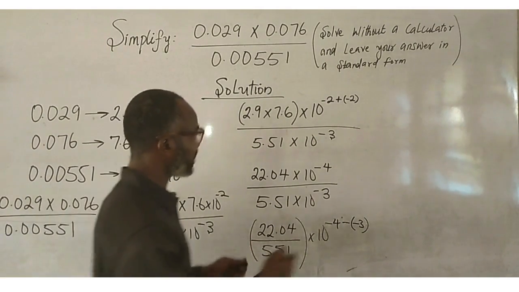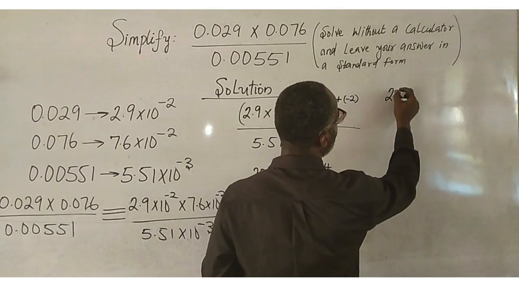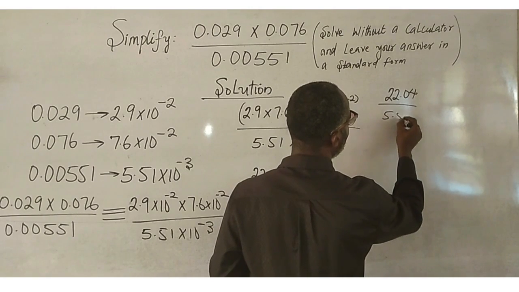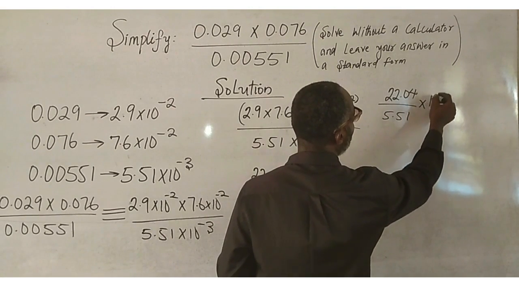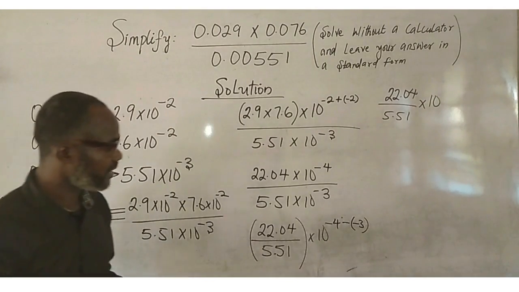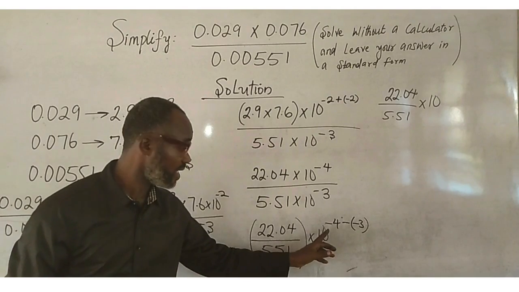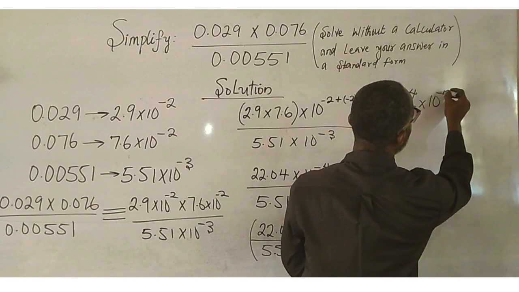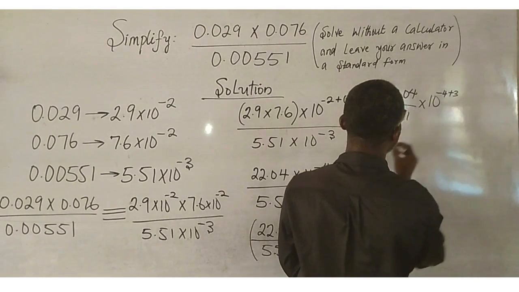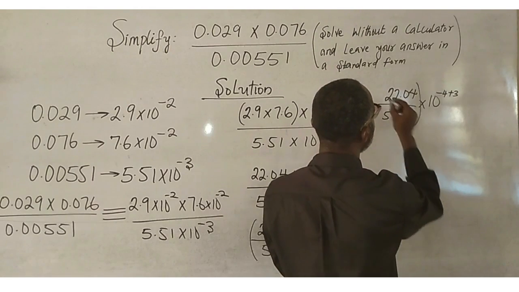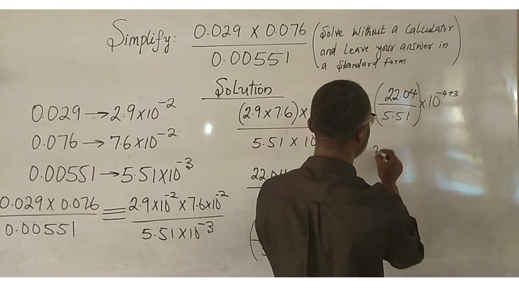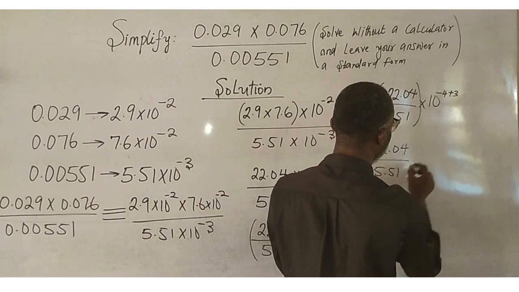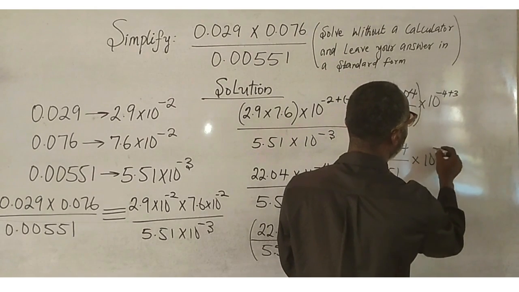Now let's further simplify. We have 22.04 all over 5.51 times 10. Let's see at this point what happens. Minus 4 minus of this is going to be minus 4 plus 3. And by the time we simplify further, this eventually becomes 22.04 all over 5.51 times 10 raised to the power minus 1.